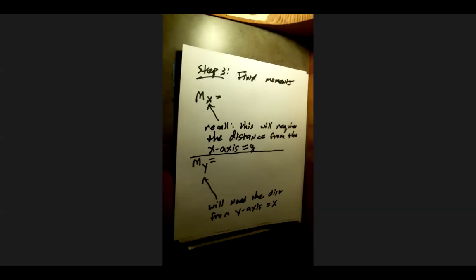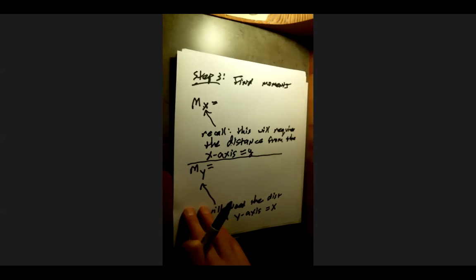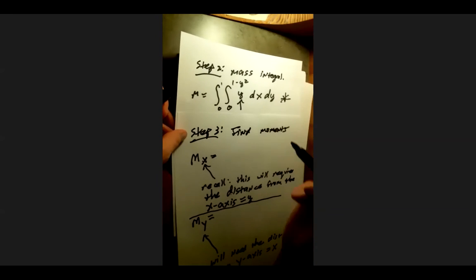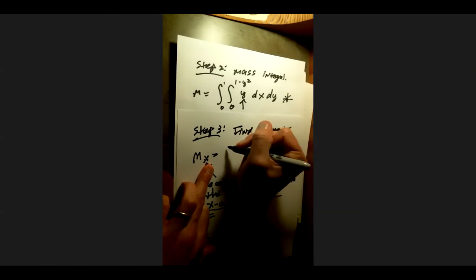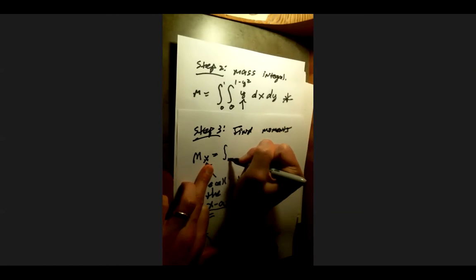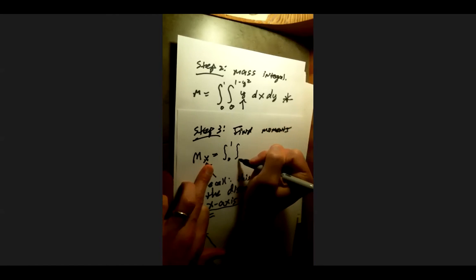So at this stage, we can go back to our previous part where we set up our mass integral, and we can recopy that same integral in place, leaving a little bit of space.